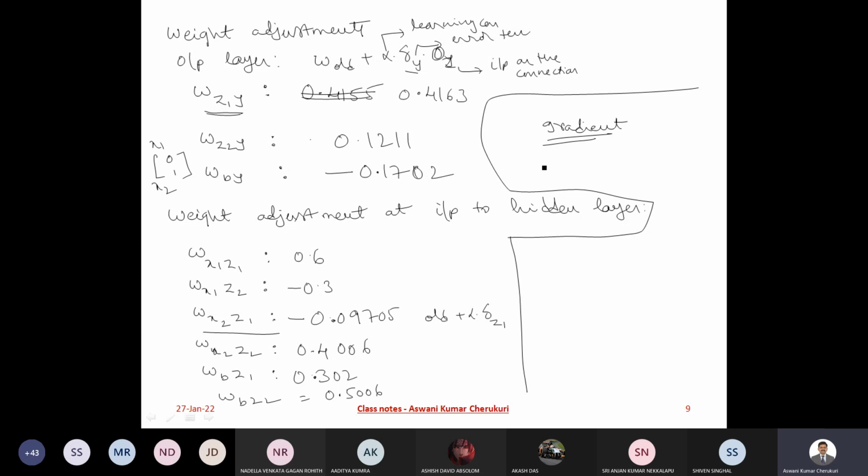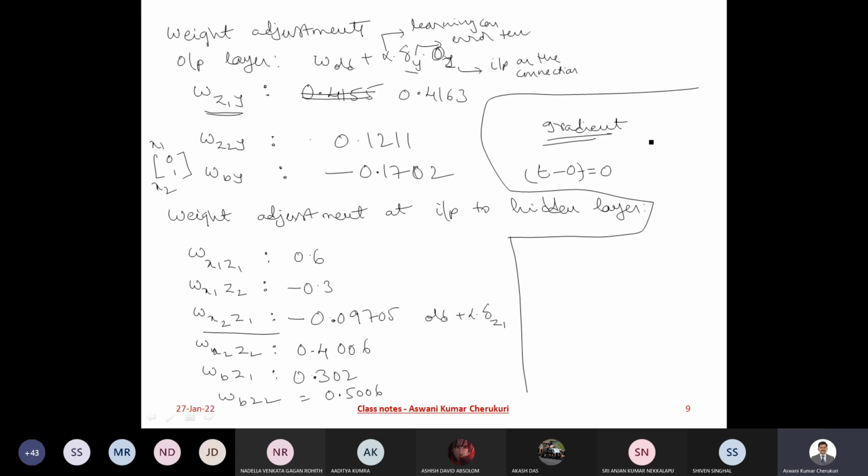The objective is that your target minus actual should become 0, right? That's our objective. Hello? Yes, sir. What is the purpose of learning? You have to see that your target and actual both are same.